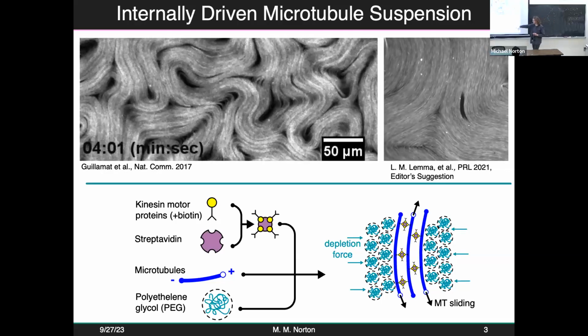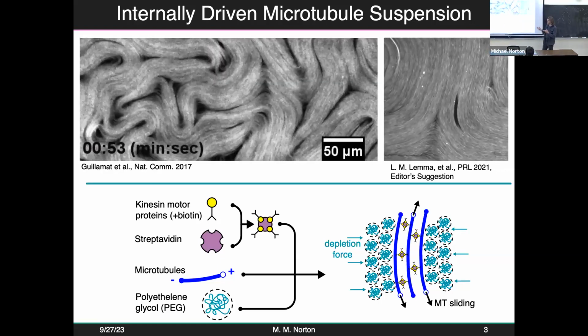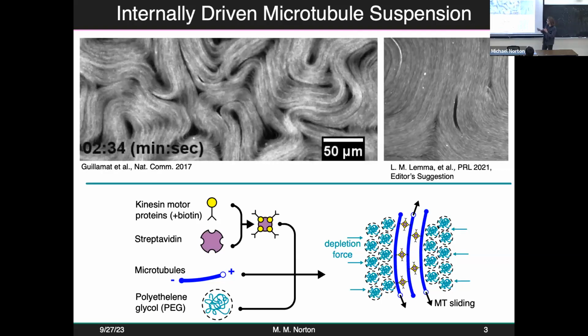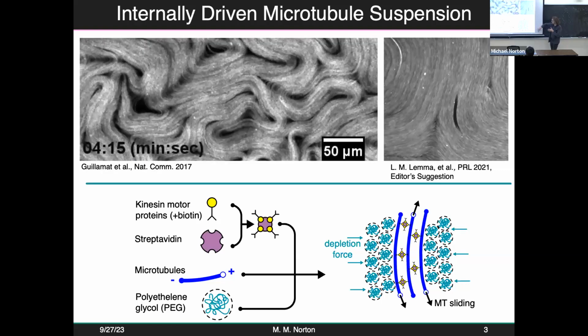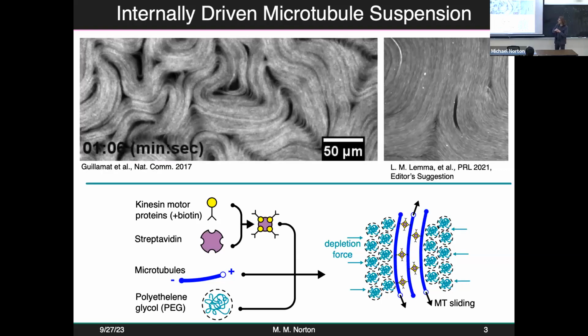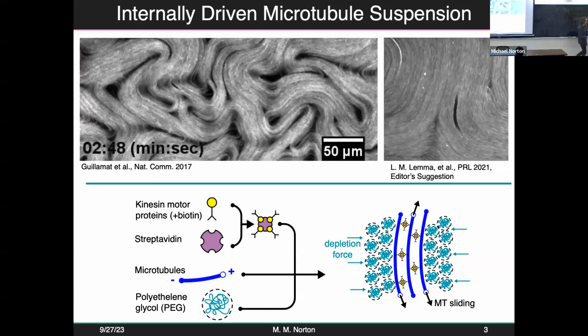In this very cartoonish schematic, we have multiple kinesin motor proteins bound together with streptavidin, and this allows them to walk along multiple microtubules, creating this extensile motion in the microtubules.